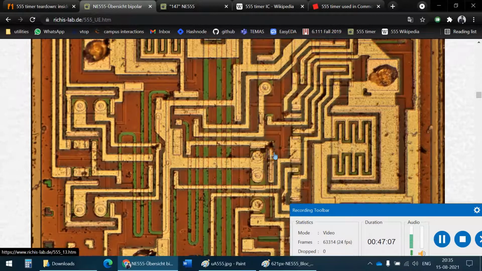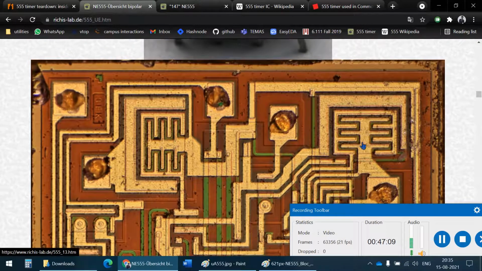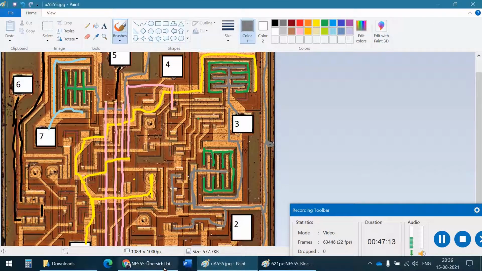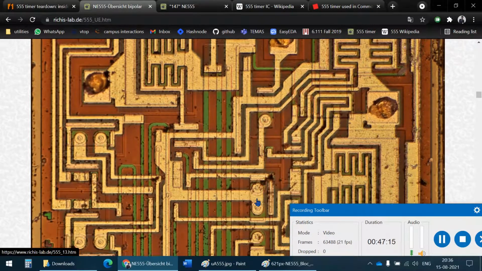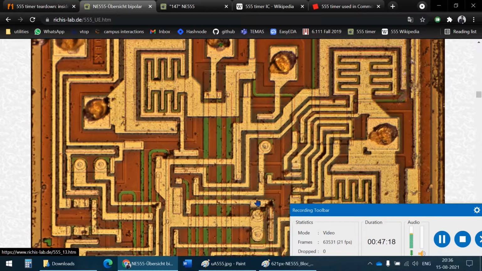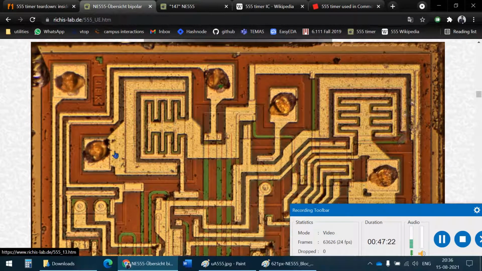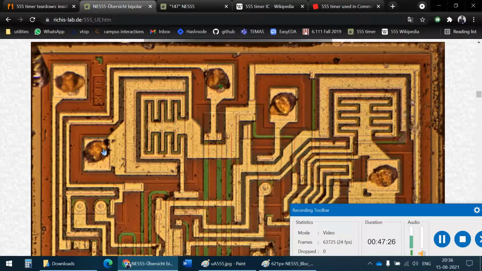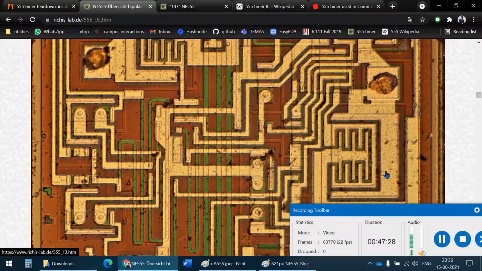Okay, this seems very similar to ours. Again, is this the same one? It might. No, it's not the same one, but it's similar. So again, you can see that this pin seems to be connected here. So I would say that's pin 7, and this pin would be the output pin.